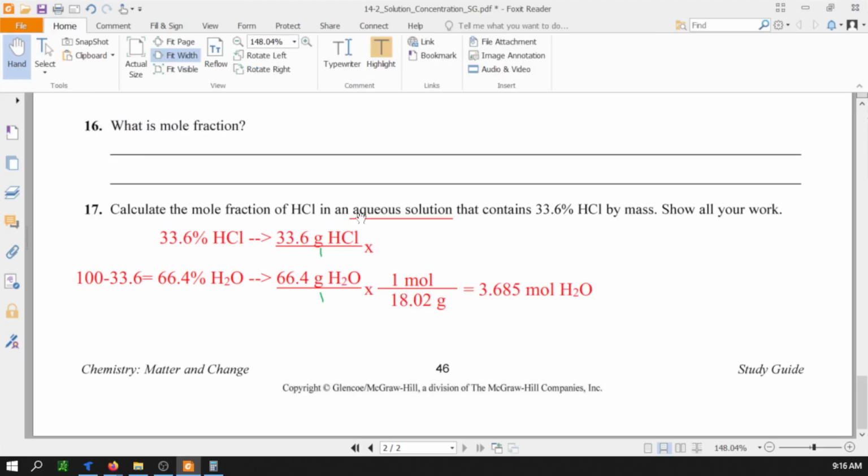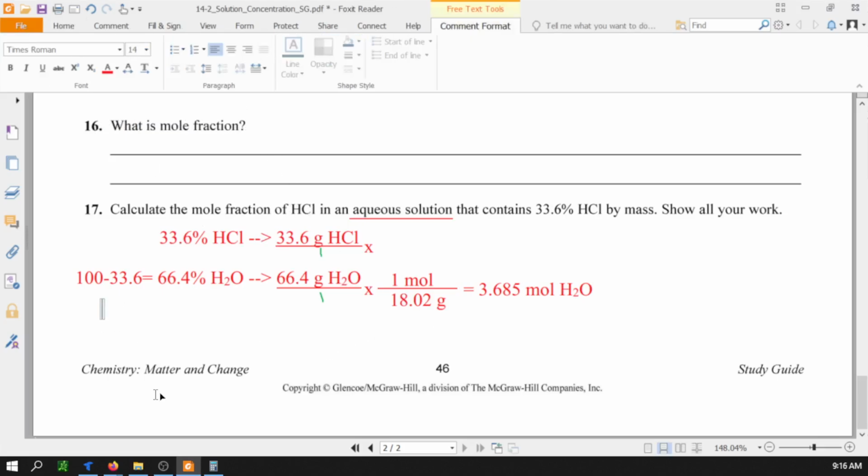And for the hydrochloric acid, I have hydrogen and chlorine. Chlorine is 35.45, if I'm not mistaken. Need to double check here on the table real quick. 35.45. Hydrogen is 1.01. So when we add these up, I'm going to have 36.46 grams for every mole.